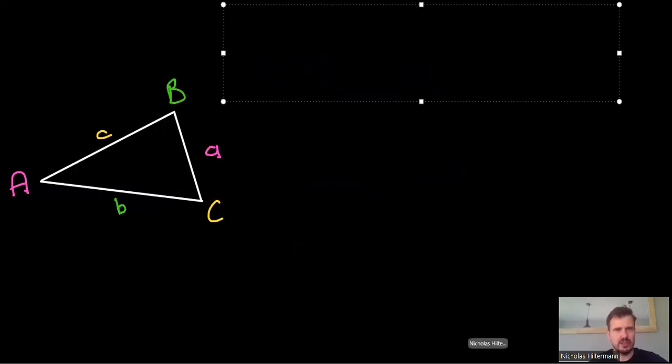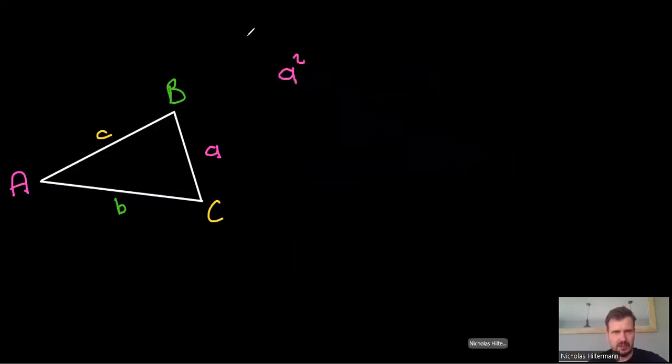You're always looking, in this rule, you'll see this rule here: A squared equals B squared plus C squared minus 2BC cos A.